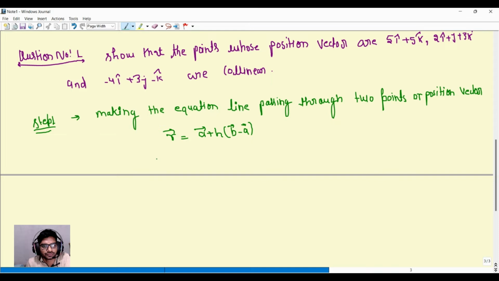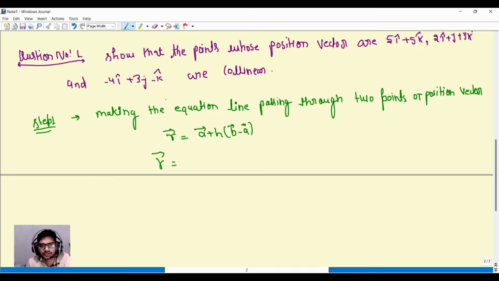Then we put the values of A, B, C. We describe a as 5i plus 5k, b vector as 2i plus j plus 3k, and c vector as minus 4i plus 3j minus k. So we are going to put these in equation number 1.